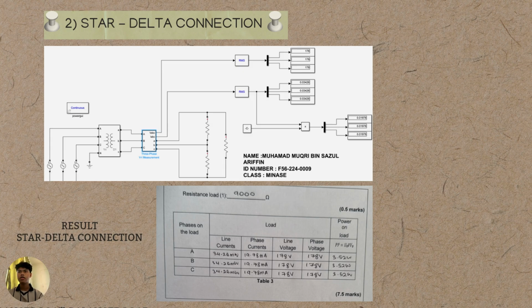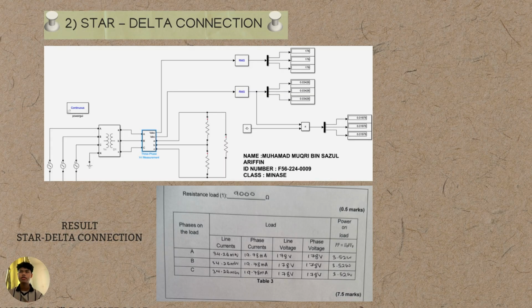The star to delta connection is known for its ability to handle higher starting current and provide better fault tolerance, especially in three phase motor systems.